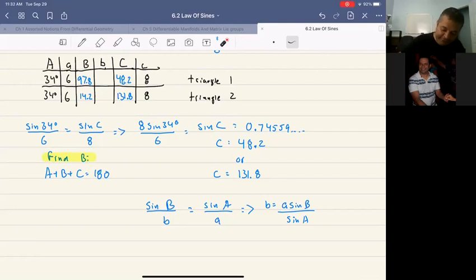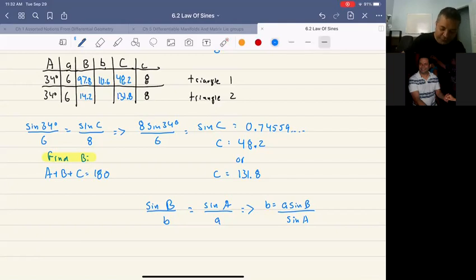10.6. Okay, I'm sort of doing a sanity check. b here should be the largest side because the angle B is the largest angle. All right, let's do that with the other value for B, 14.2 sine of that times 6 divided by 34 sine of that.